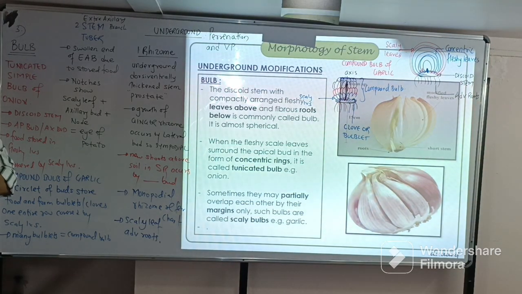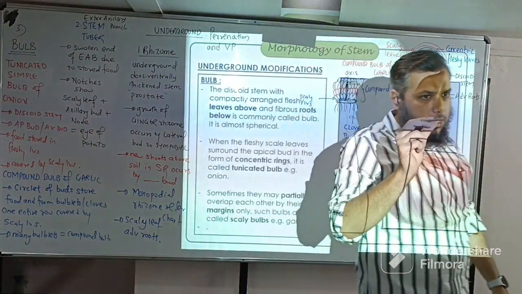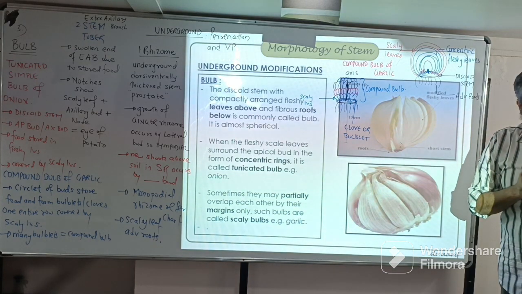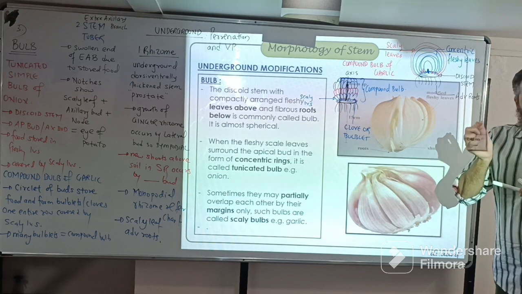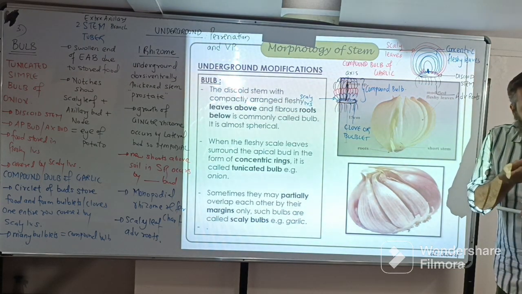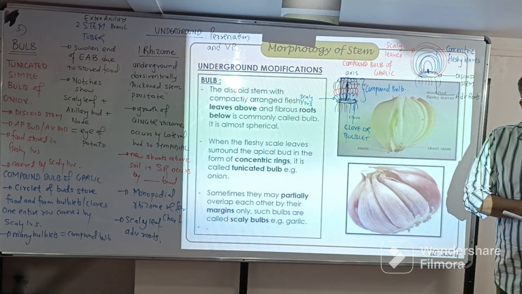So when I am eating one piece of garlic, I am not eating whole garlic, I am eating one piece of garlic. What am I actually eating? Am I eating a leaf? Am I eating a stem? Or am I eating a bud? I am eating a swollen bud. I hope you got my point.